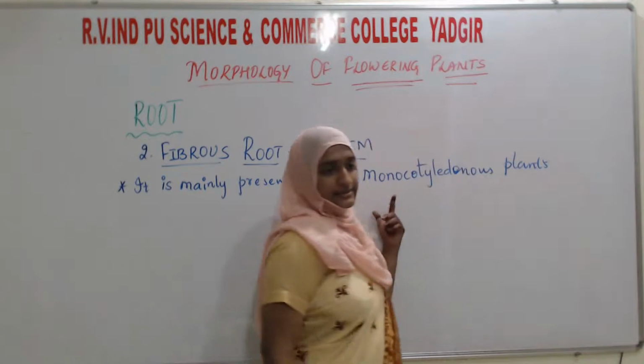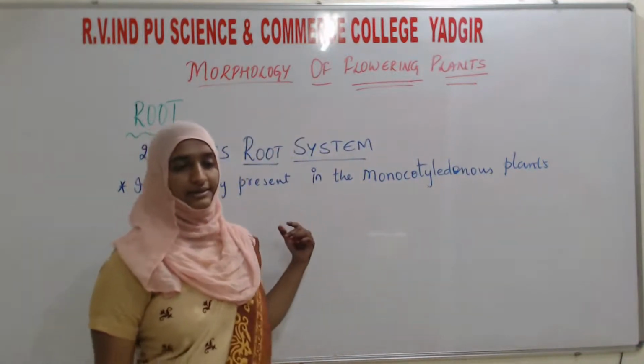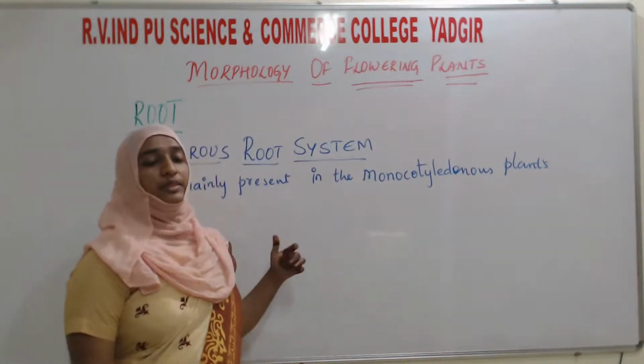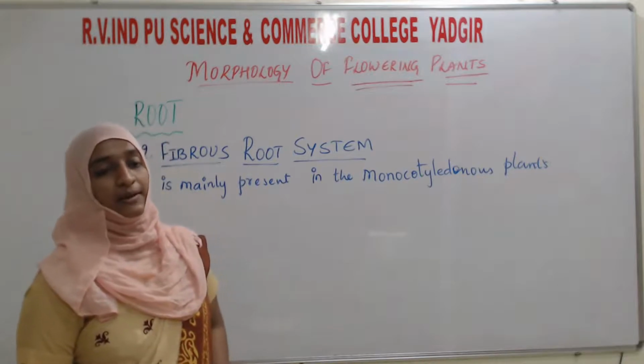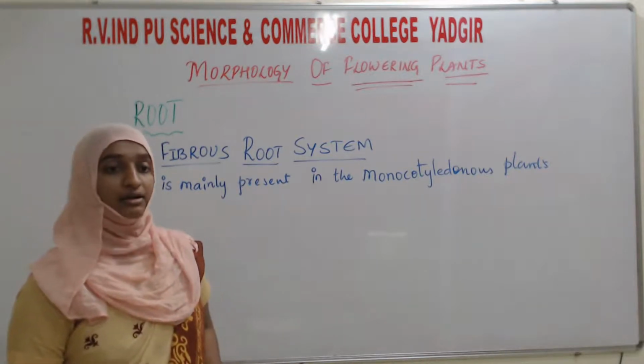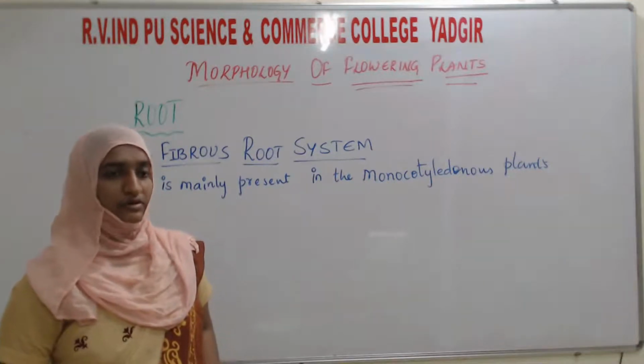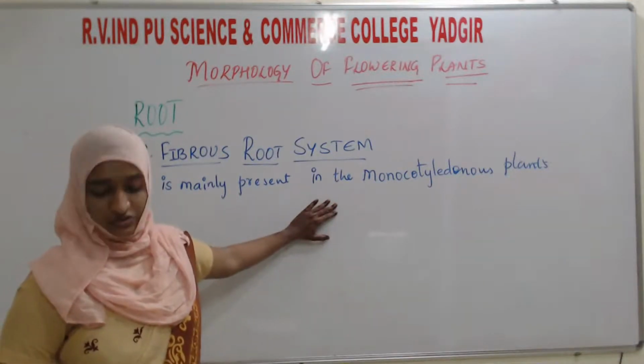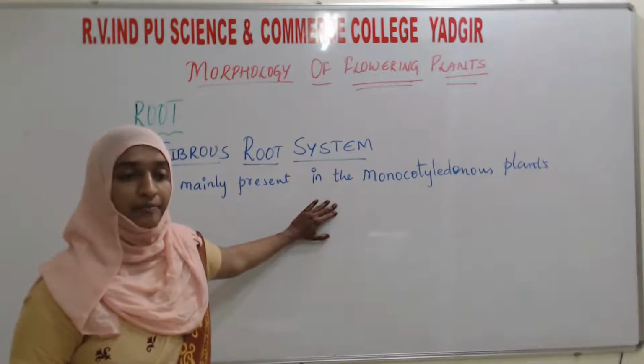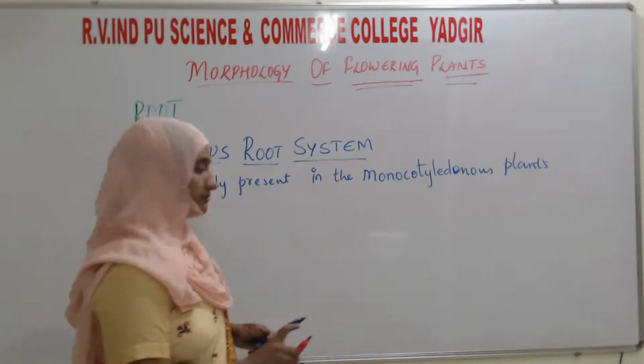As you had seen in the last topic, in the taproot system, the taproot system is mainly present in the dicotyledonous plant. Okay, so here the fibrous root system is mainly present in the monocotyledonous plants.